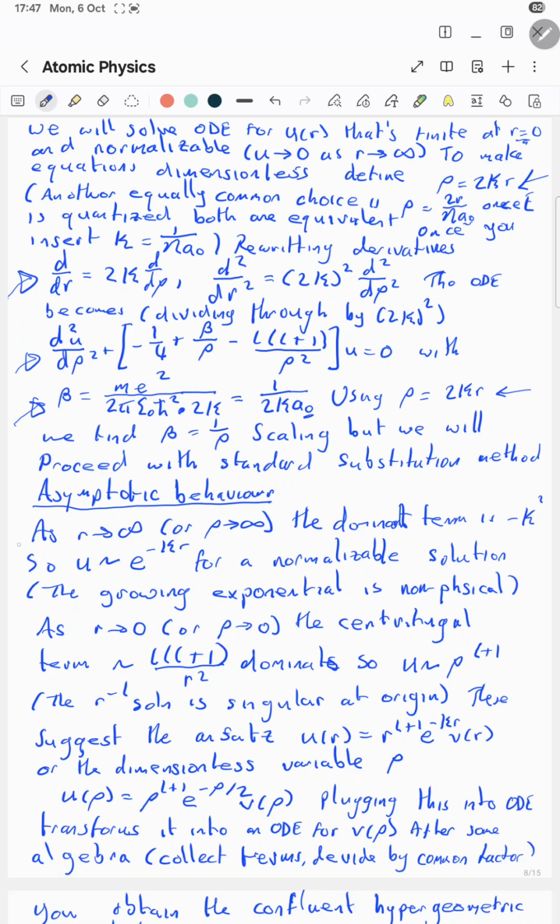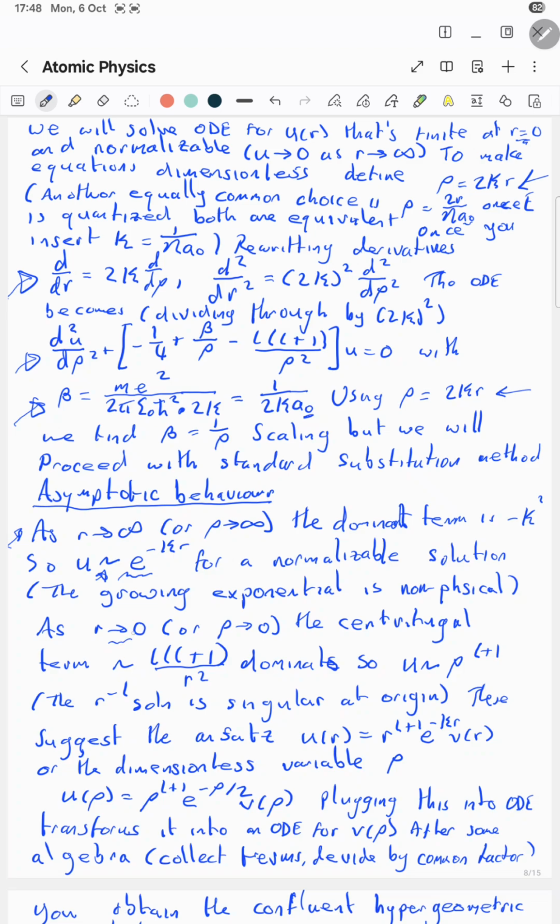Asymptotic behavior: as r goes to infinity, or rho goes to infinity, the dominant term is minus kappa squared, so u is approximately e to the minus kappa r, for a normalizable solution, since the growing exponential is non-physical.